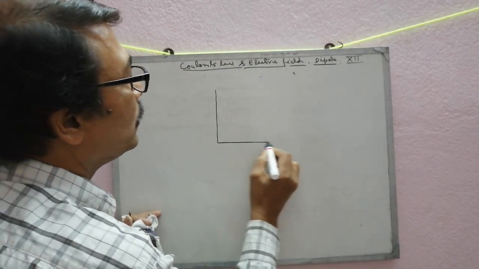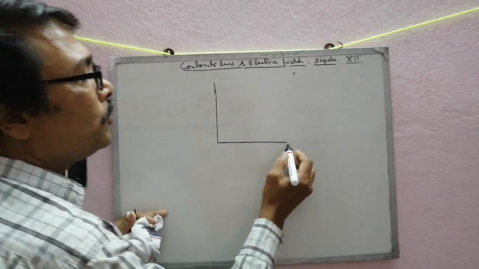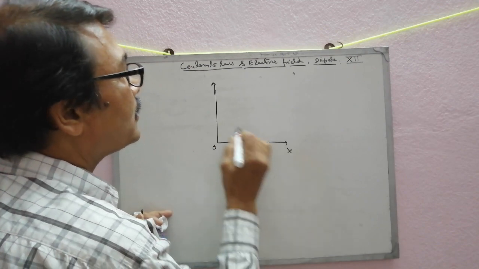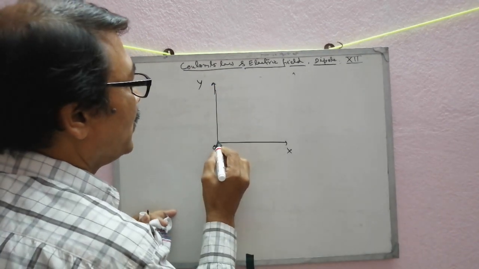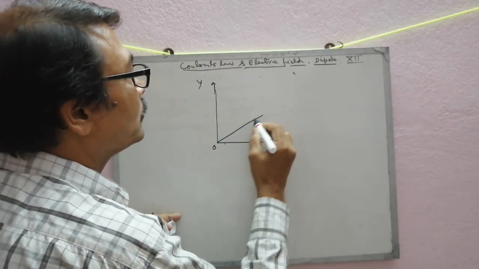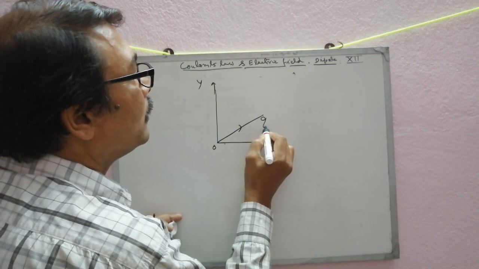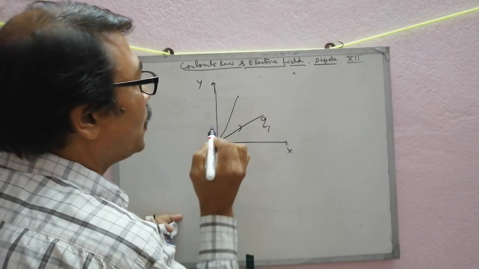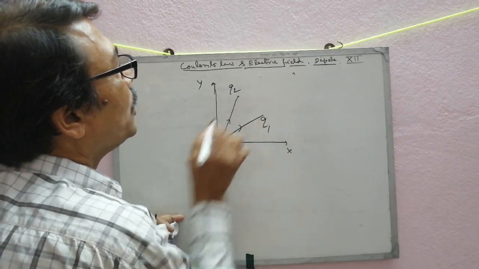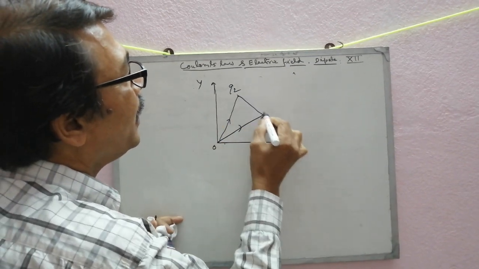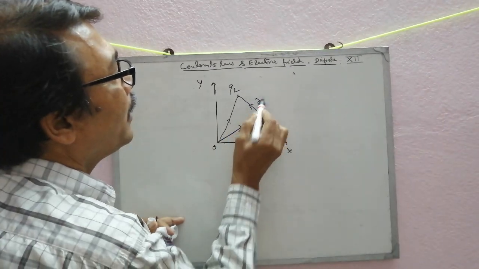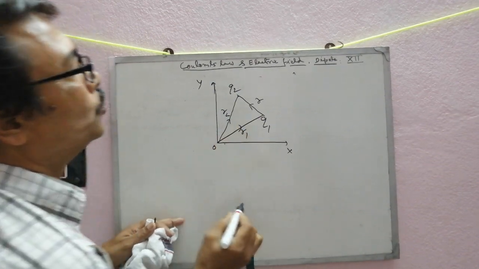Suppose in two-dimensional coordinates, this is O, X, Y. Here is the position vector of charge Q1, the position vector of Q2, and this is R, R1, R2.